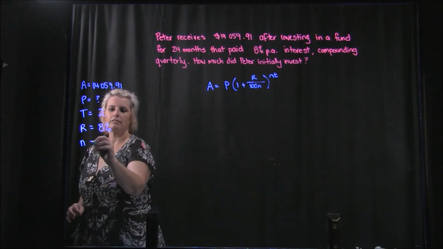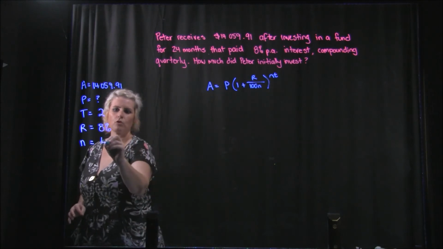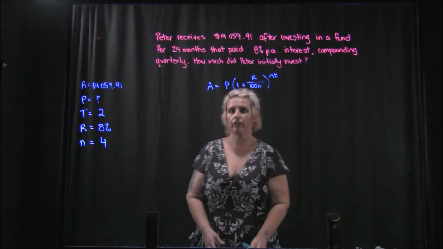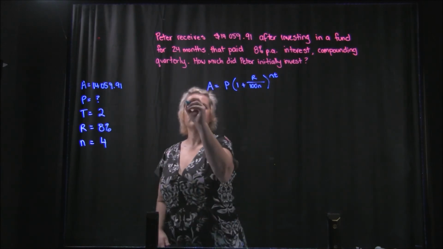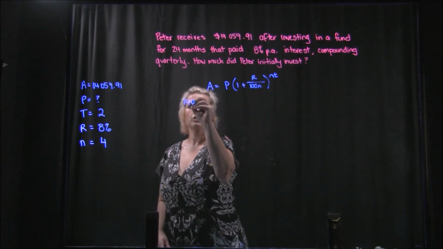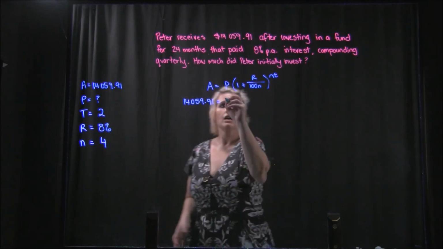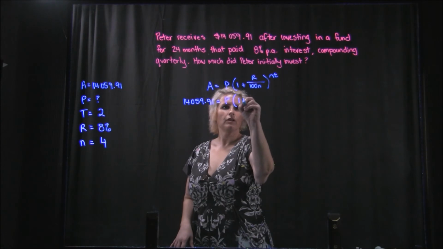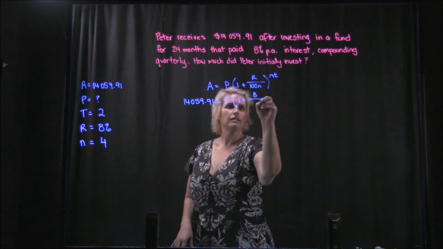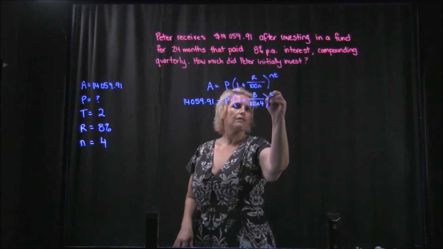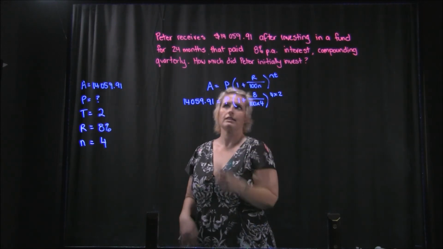Compounding quarterly, so quarterly means four times a year, every quarter. So now we're just going to plug in what we know. $14,059.91 is the total amount. The principal is unknown. Our rate is 8. Our n is 4. And then our t being 2 years, 24 months.